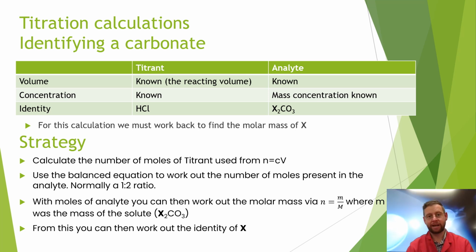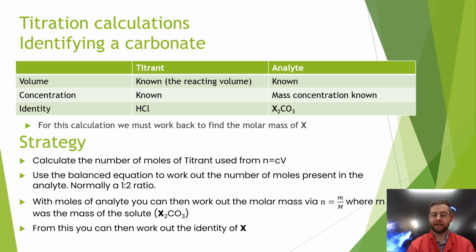So the strategy we have to employ here is, first of all, as with before, calculate the number of moles of the titrant from the formula n = CV, and then using a balanced equation, work out the number of moles present in the analyte. Now in this case, it's going to be a 1-to-2 ratio. Then, once you've worked out how many moles of analyte, you can work out the molar mass from n = m over molar mass, so sample mass divided by molar mass.